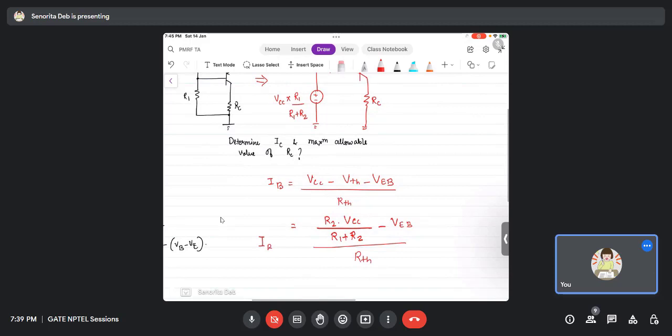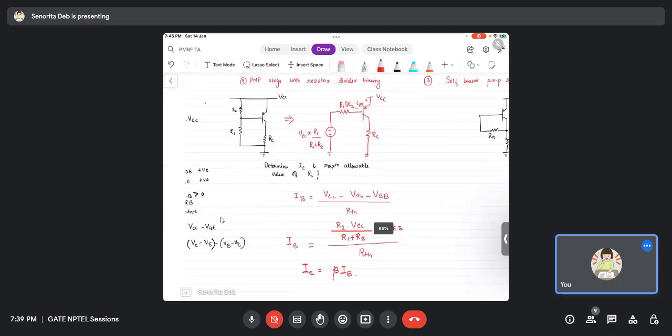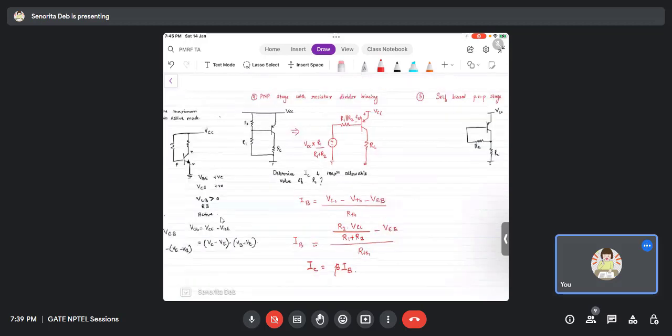And IC will be beta times IB. Everything else is the same, just the VB is changed. Please have a look. After that, I'll show you the self-bias circuit.